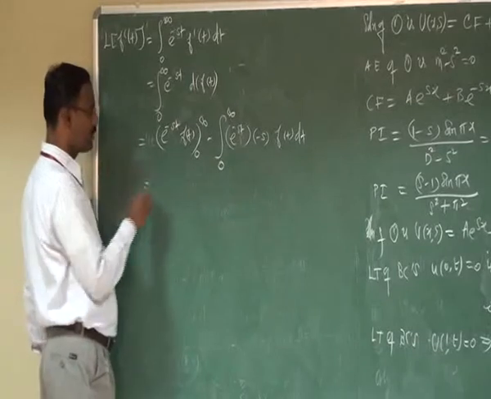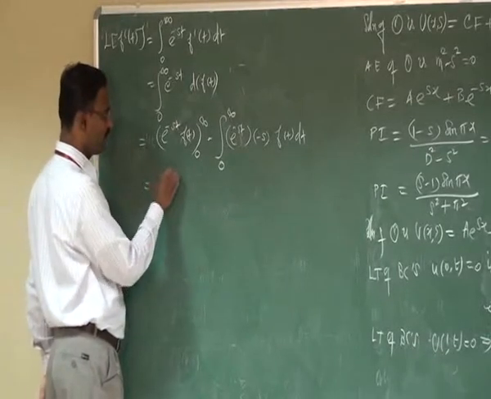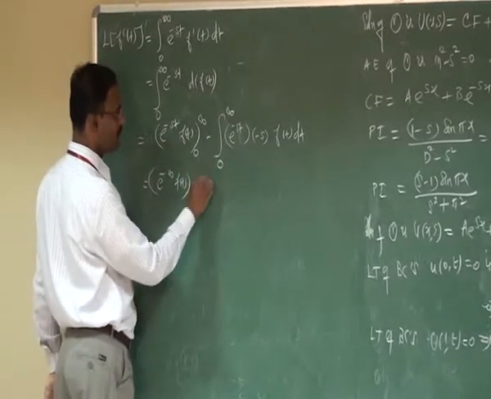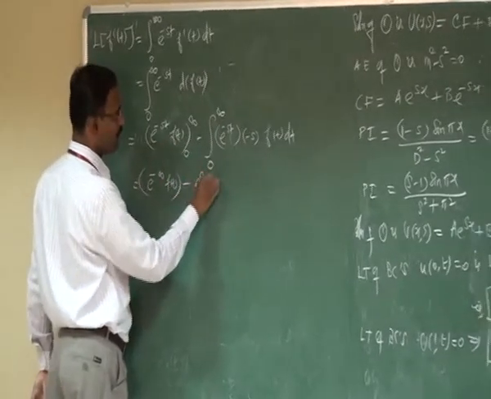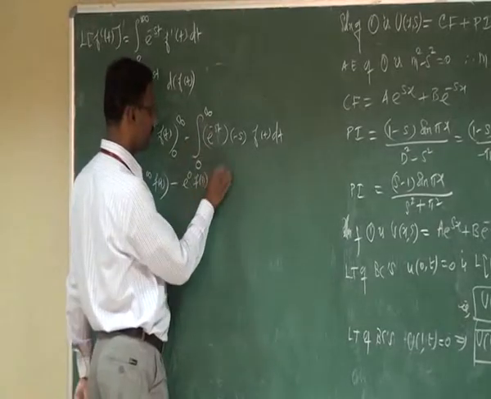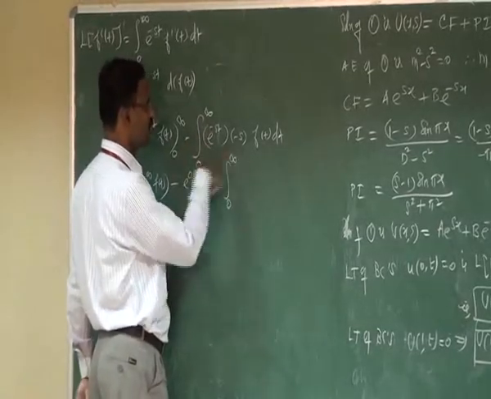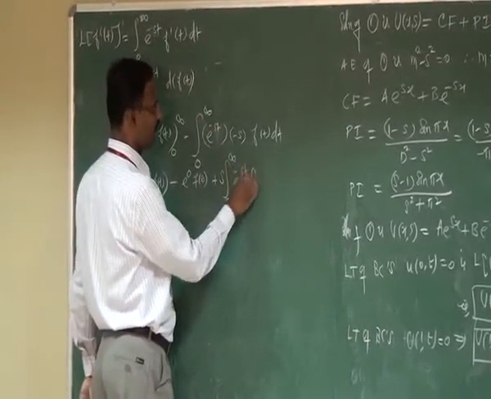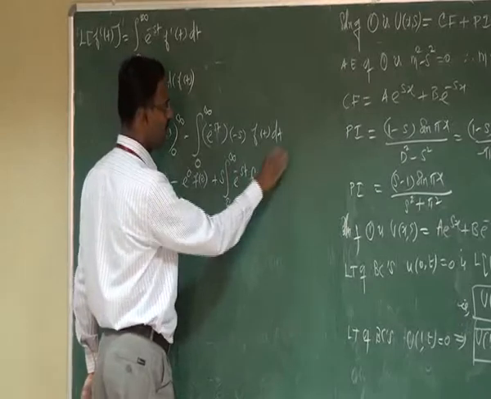Now substitute the upper limit: e power minus infinity into f of t is 0. For the lower limit, e power 0 is 1 into f of 0, and minus of minus becomes plus. So we get integral 0 to infinity s into e power minus st into f of t dt.